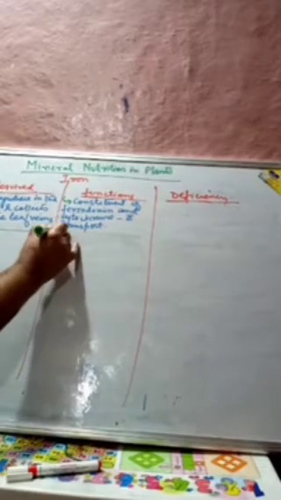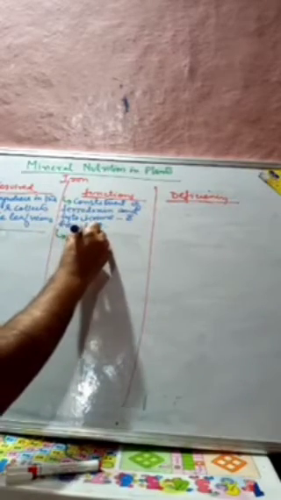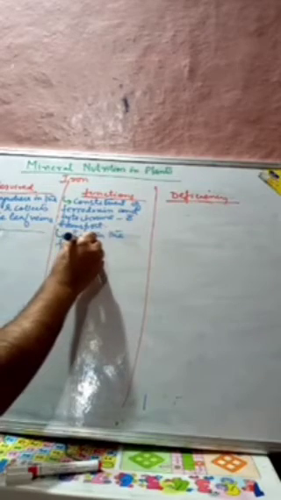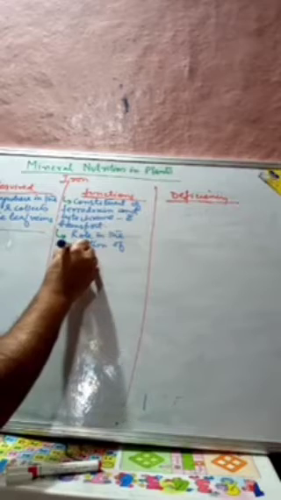One more function of this, where it is mainly used: it plays an important role in the formation of chlorophyll.